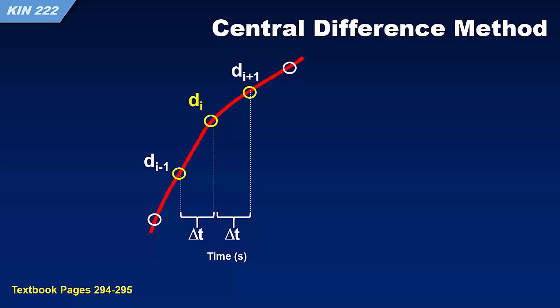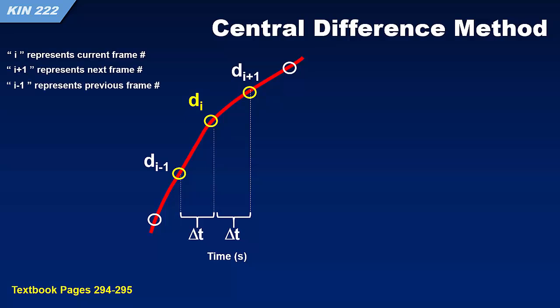The subscript i represents the current frame number, the subscript i plus 1 represents the next frame, and the subscript i minus 1 represents the previous frame. We can use those subscripts to develop a generalized formula that we can just plug a number into, where the i is, later on when we do the analysis.